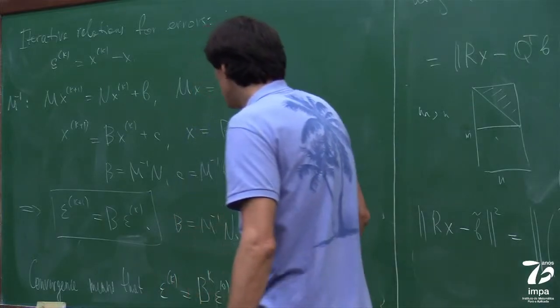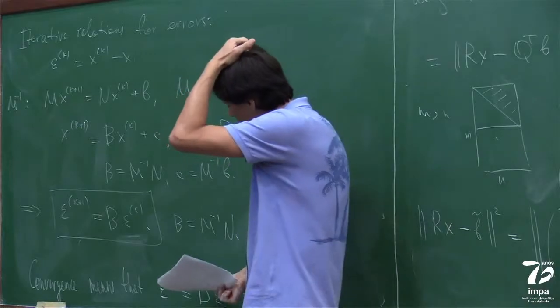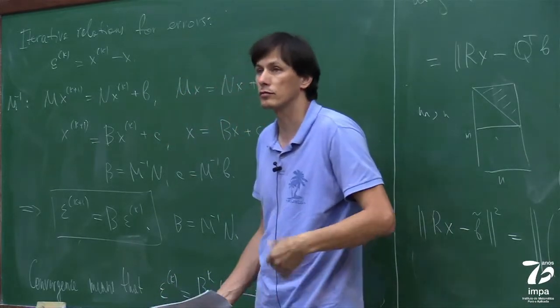So the method is convergent if high powers of B multiplied by any vector converge to 0.